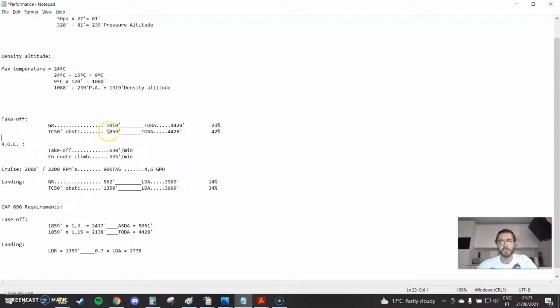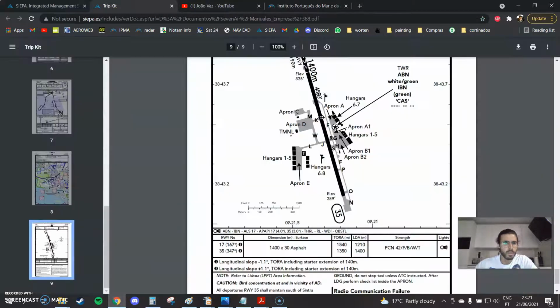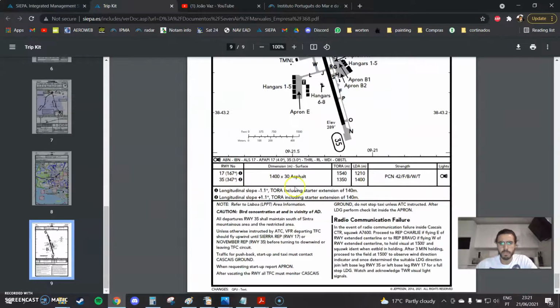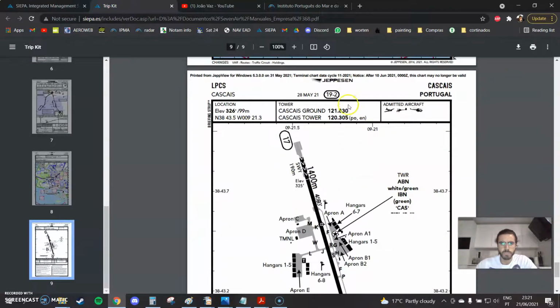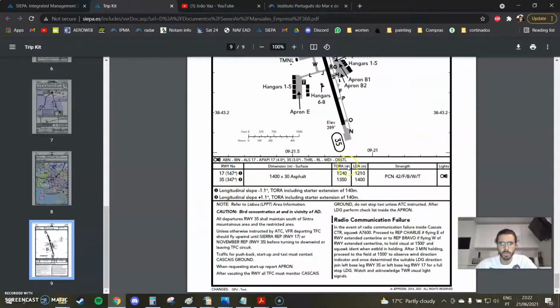But I cannot only know these values. I have to know if I can take off from the runway that I intend, which means, okay, how long is the runway? So that's why you have to go to your aerodrome's charts, okay, to check the takeoff runway available and check the distance. This is in meters.